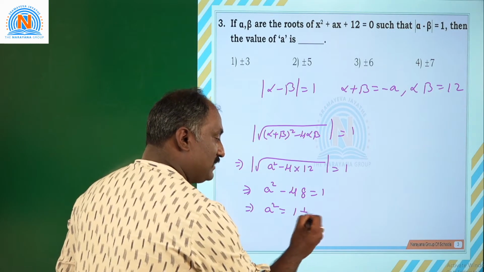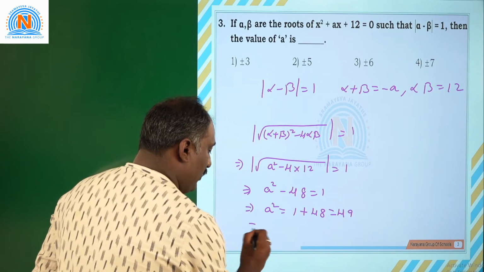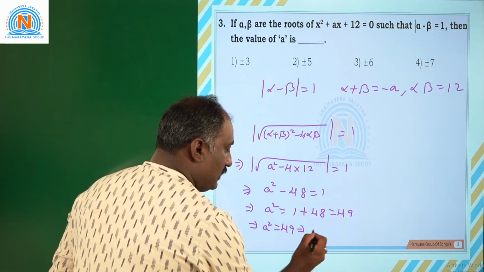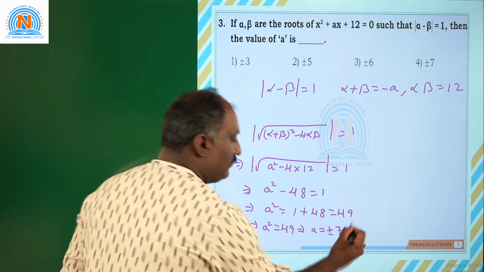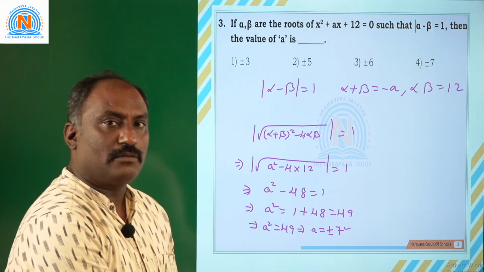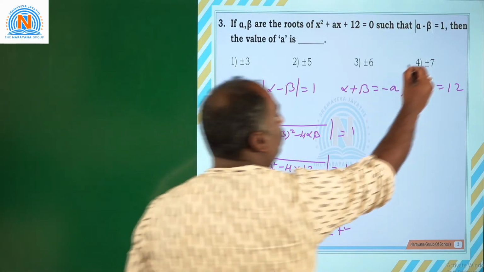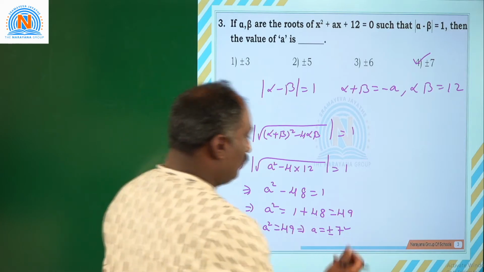So 1 plus 48 is 49. From this, a square is equal to 49, which implies a is equal to plus or minus 7. Hope you understood this one. So the option is the fourth one. Third question is done. We are switching to the next one.